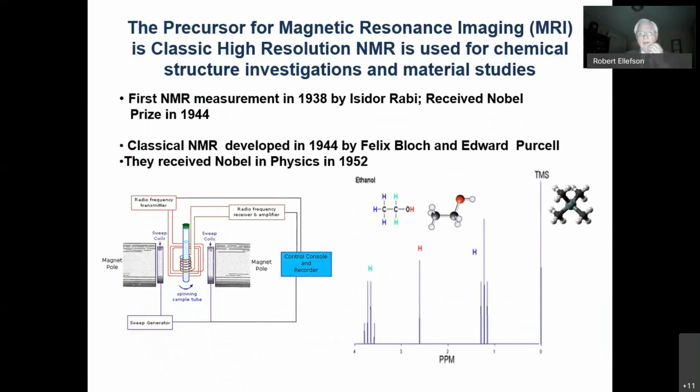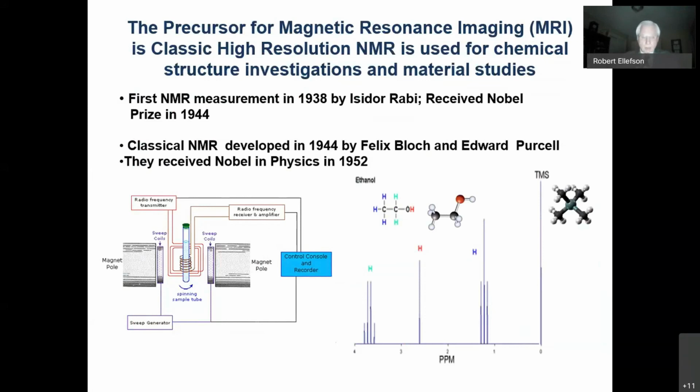So let's continue talking about magnetic resonance imaging. Where does it come from? What is magnetic resonance? Well, there's a long history of high-resolution nuclear magnetic resonance used for chemical structure investigations and material studies. The first NMR measurement was done in 1938 by Isidore Rabi.